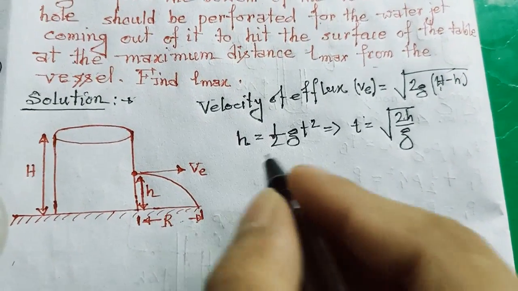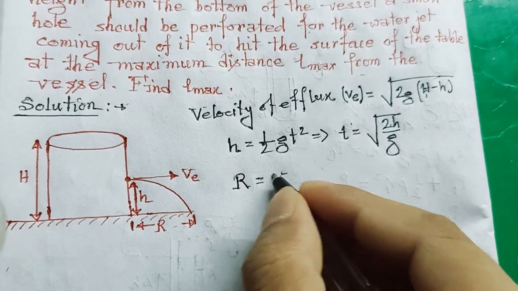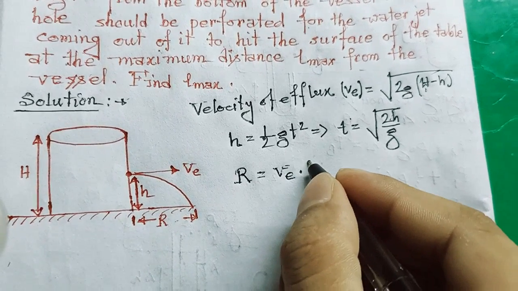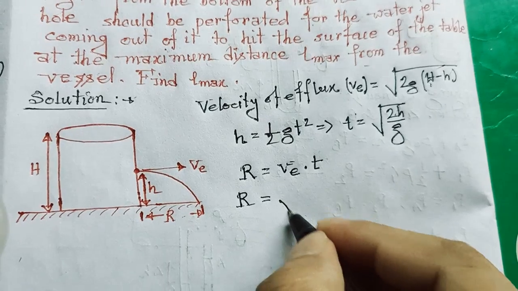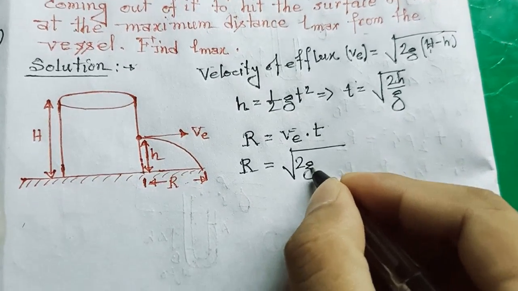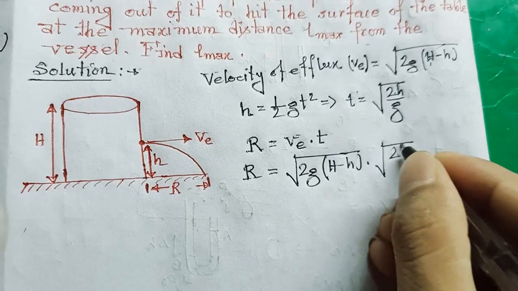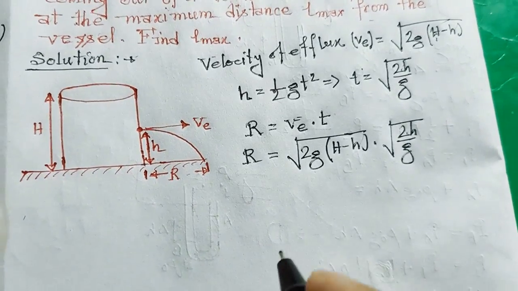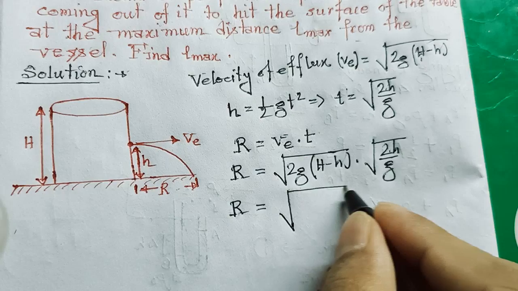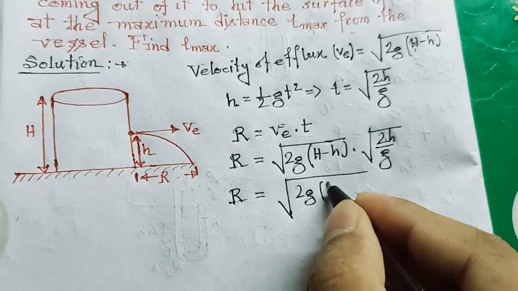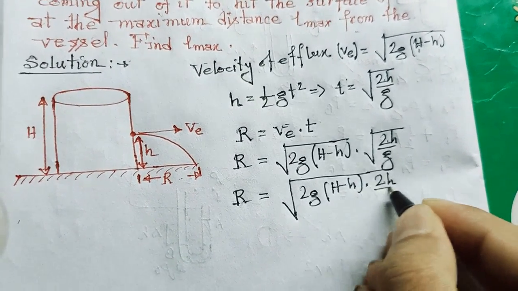Now the range of this fluid jet R will be equal to v, the velocity of efflux, multiplied by the time taken. So our range of fluid jet will be under root 2g into capital H minus small h multiplied by under root 2 small h divided by g.